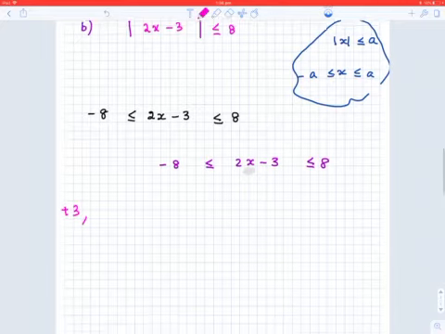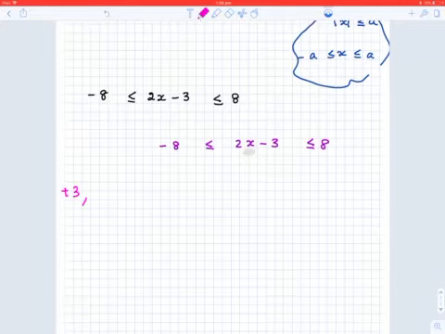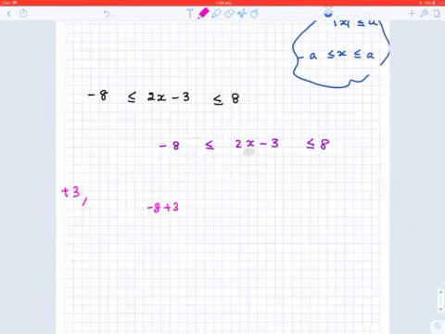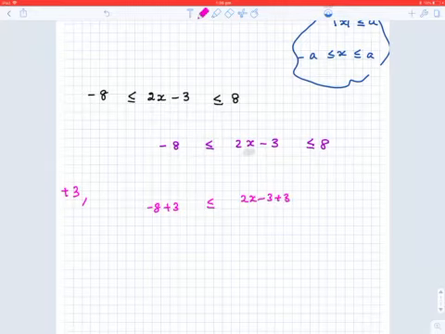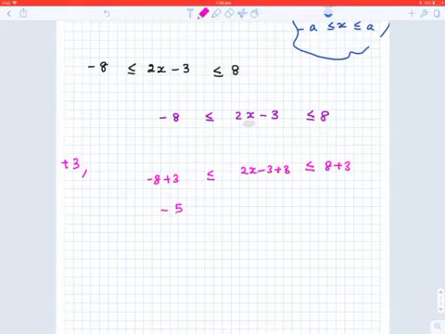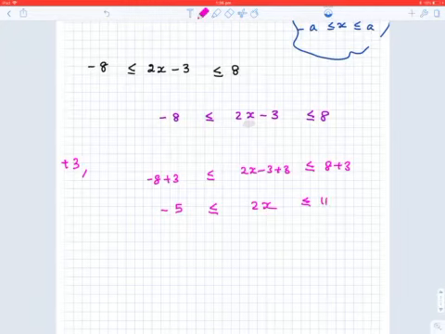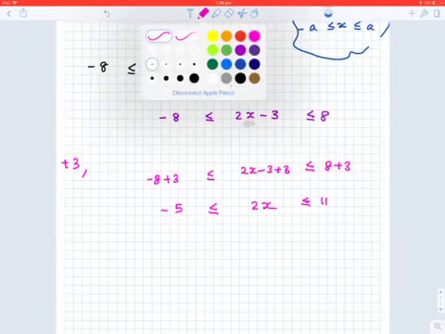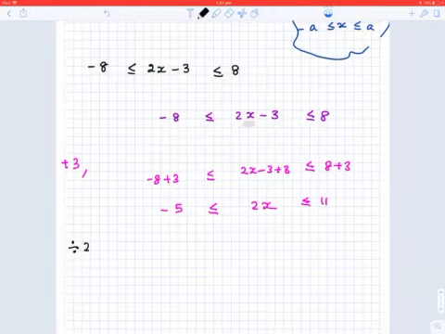Because I need to solve for x, first I add 3 throughout. That gives minus 8 plus 3 less than or equal to 2x minus 3 plus 3 less than or equal to 8 plus 3, or minus 5 less than or equal to 2x less than or equal to 11.